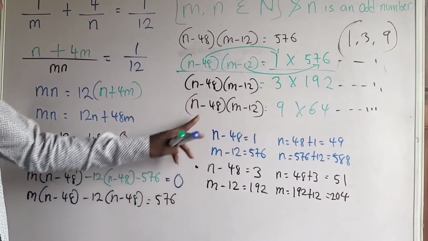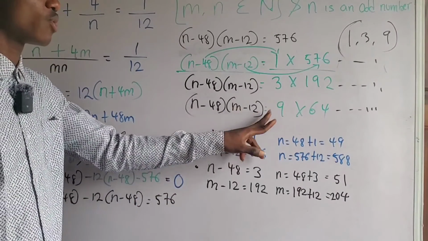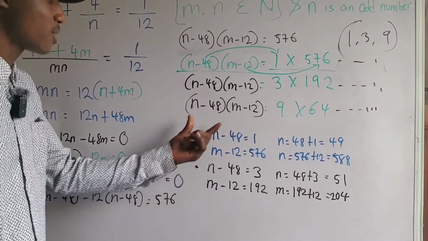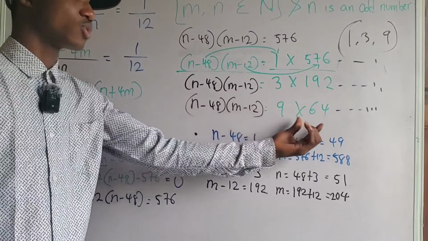Now for the third solution, we have n minus 48 times m minus 12 equals 9 times 64. We go the same way: the first part is equivalent to 9, and the second part, m minus 12, is 64.